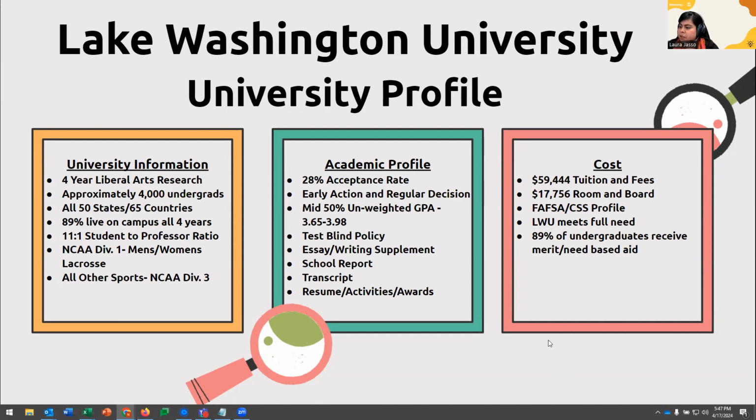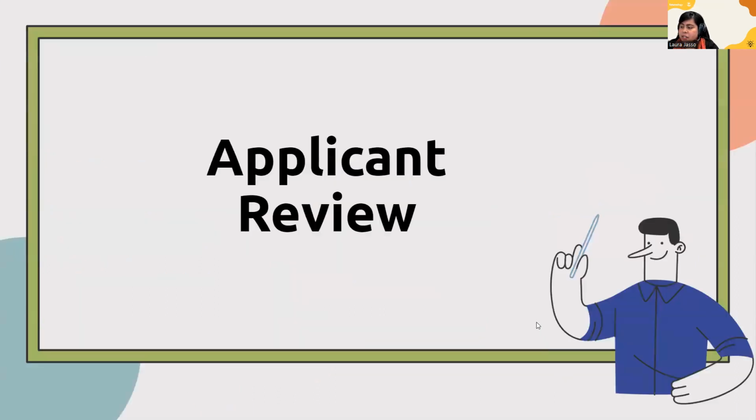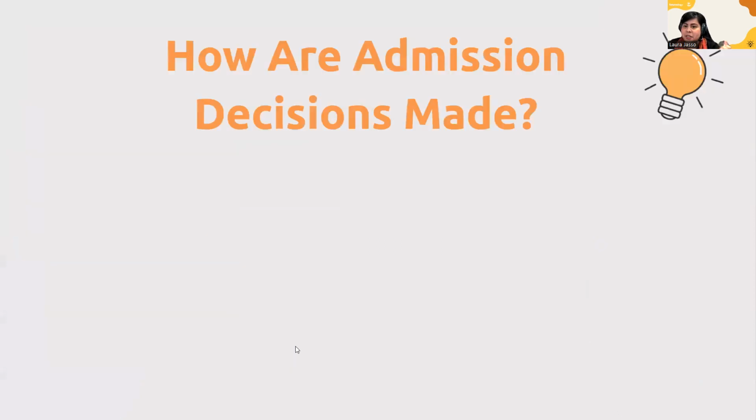So now that we know a little bit more about Lake Washington University, let's talk about what goes into admitting a student. We're going to look at 3 different buckets. Not all schools focus on the same things, but Lake Washington University wants to understand their student.